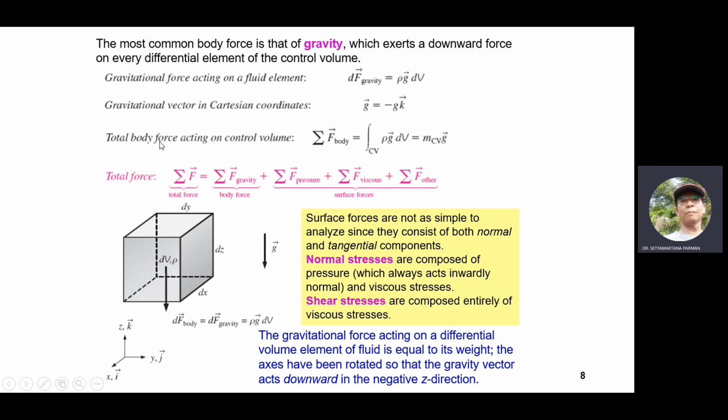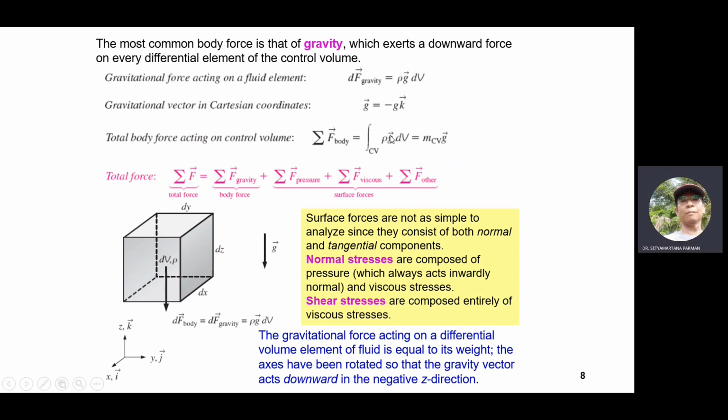And then the total body force acting on the control volume can be expressed as the integration over the whole control volume of rho g dV.